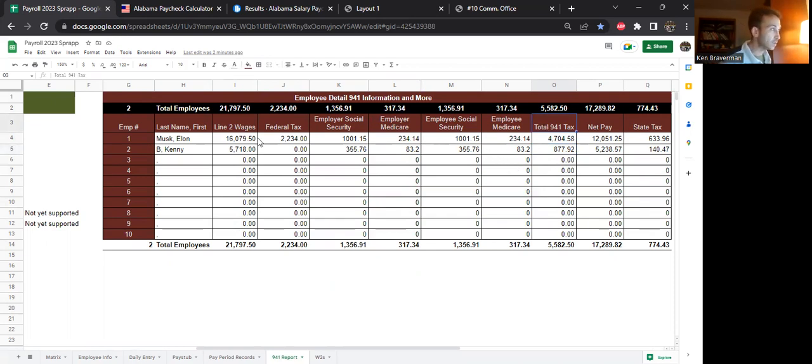And that is going to include federal tax plus employer Social Security plus employer Medicare. That's employer costs that do not come out of the employee's wages, plus employee Social Security, which does come out of employees' wages, plus employee Medicare, which does come out of employees' wages.